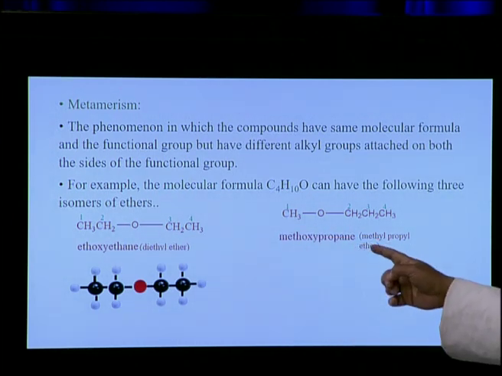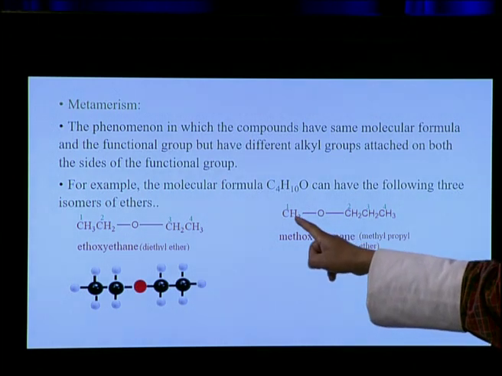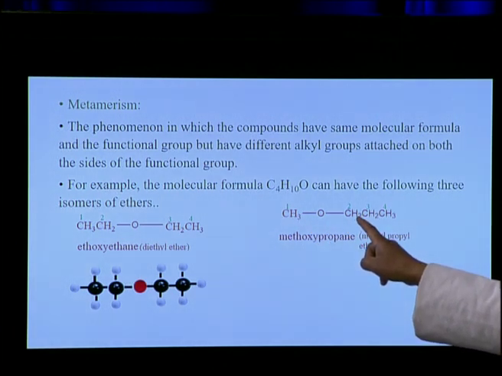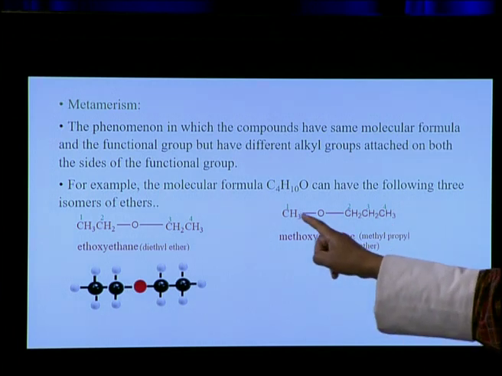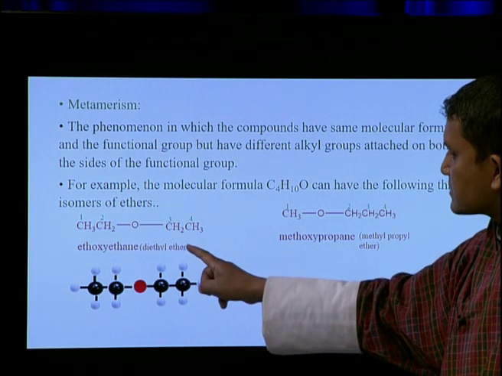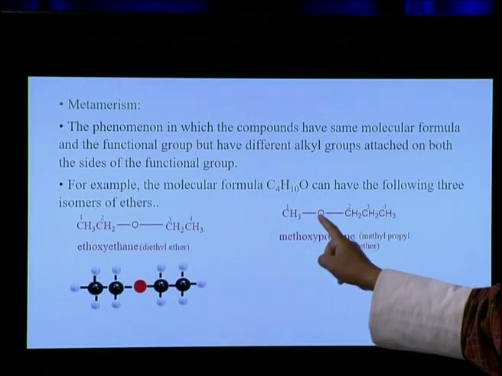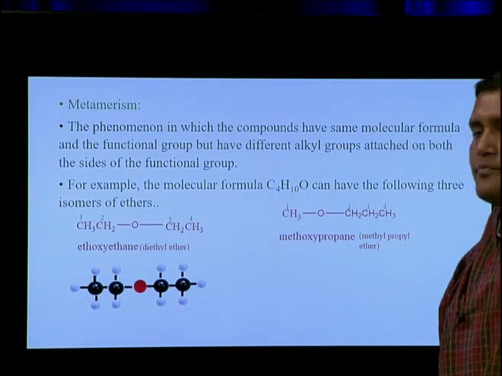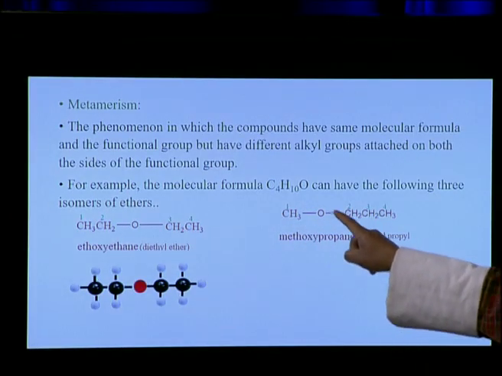But on this side we have a CH3 group, and on this side we have the propyl group, CH2CH2CH3. So, these compounds differ in terms of the alkyl group attached on both sides of the functional group. This becomes methyl propyl ether.